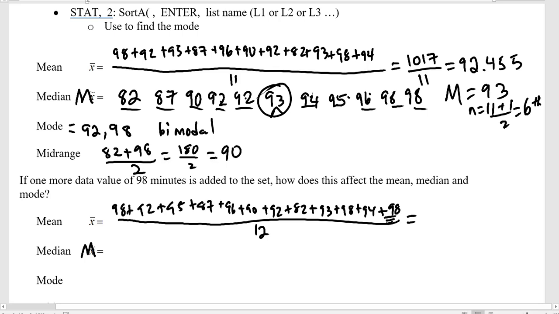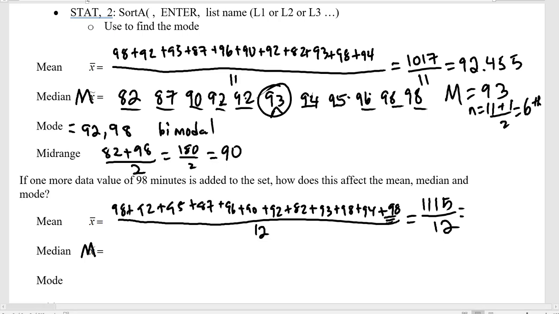Of course, I could just take the 1017, add 98 to it, so I think that is 1115 divided by 12. Double check that, and let's see what that mean is.